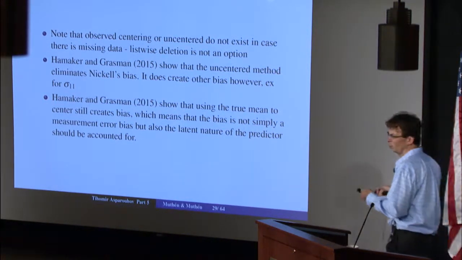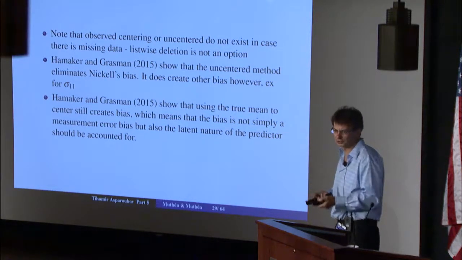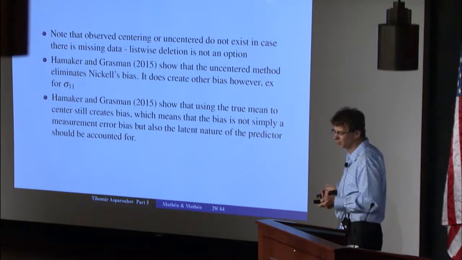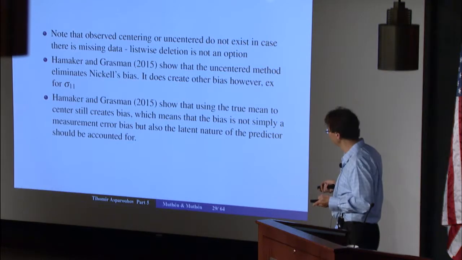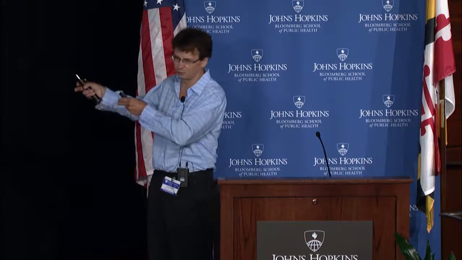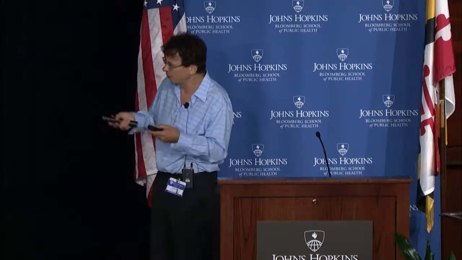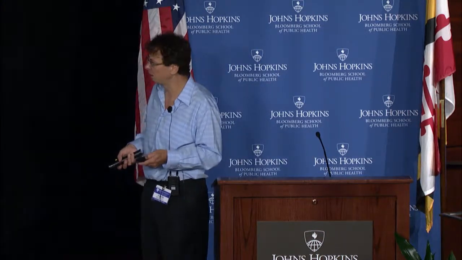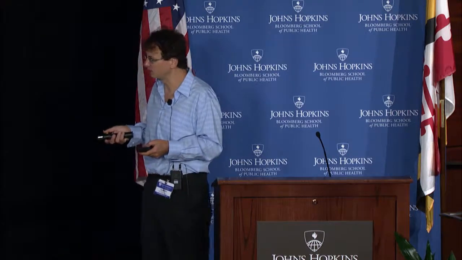For us, as I mentioned yesterday, it was never our goal to resolve Nickel's bias. This method doesn't really exist when you have missing data. So this exercise, where I'm going to show you that latent centering is a good idea, is of little practical importance for the simple fact that these other two methods don't exist in the most general framework.